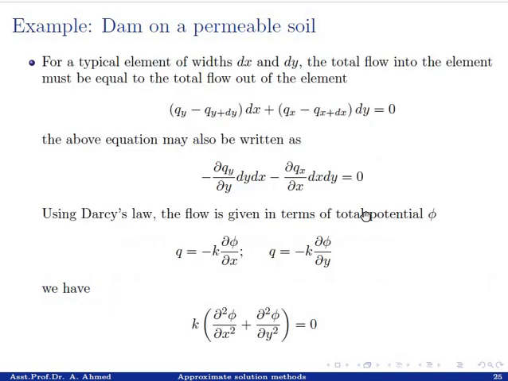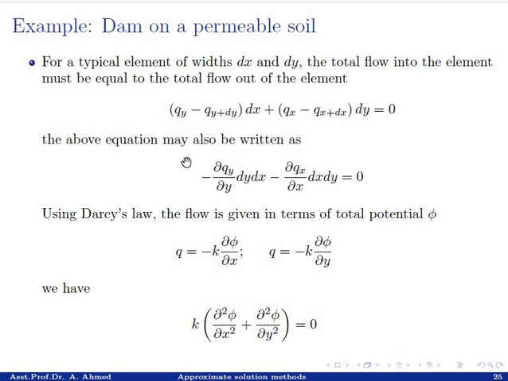So for the typical element, the total flow into the element must be equal to the total outflow, and the sum of all these flows, into the element and out of the element, must be equal to 0 for equilibrium.